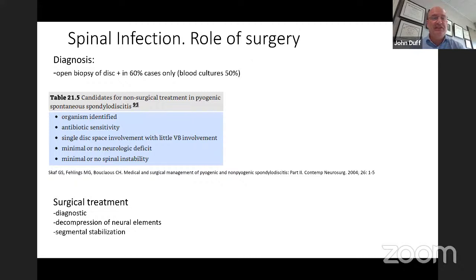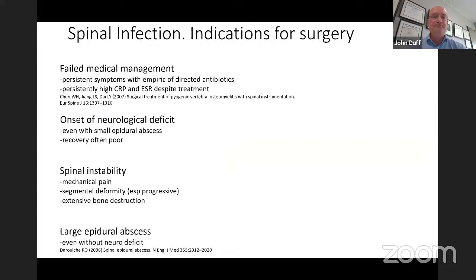So those are all of the factors that are in favor of medical treatment. So you could say that patients who don't fulfill these criteria are potentially surgical candidates. So let's look a little more closely at that. And then the other role of the surgical treatment, apart from diagnosis, is decompression of the neural elements and also stabilization. So those are two very important points for surgical management.